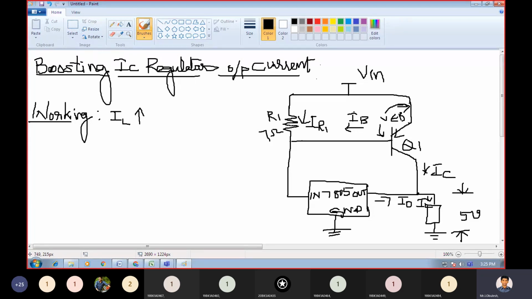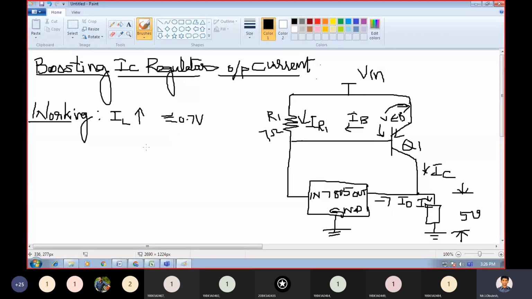When this voltage drop is almost equal to 0.7 volts, that is, if the voltage drop across the resistor R1 equals 0.7, then Q1 turns on.